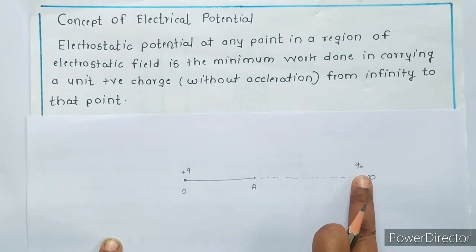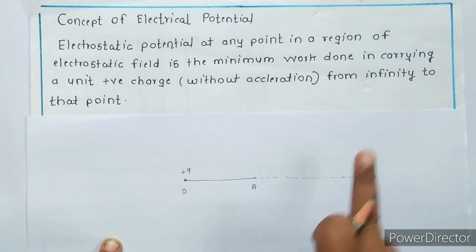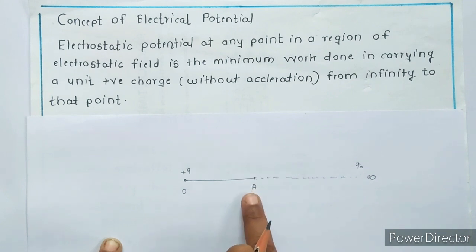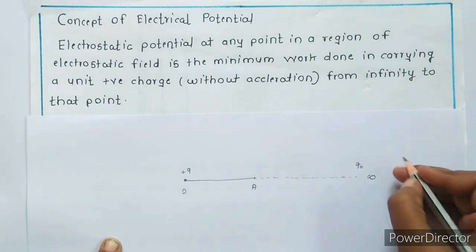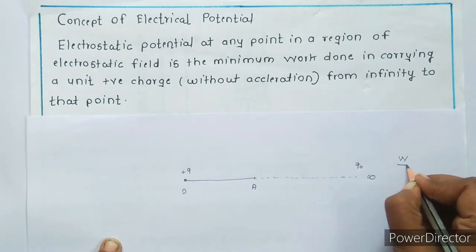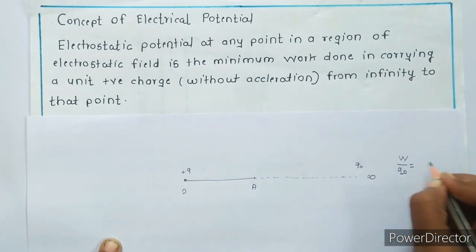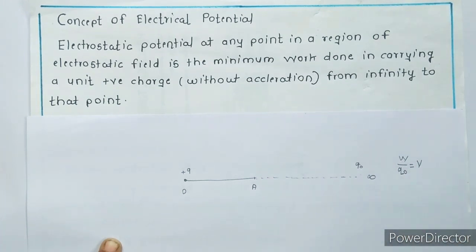What is the meaning of unit positive charge? That means its value is 1 coulomb, and this charge is displaced from infinity to that point A, and for this displacement some amount of work is done. That work done per unit charge, that is a unit positive charge, is equal to the electrical potential.